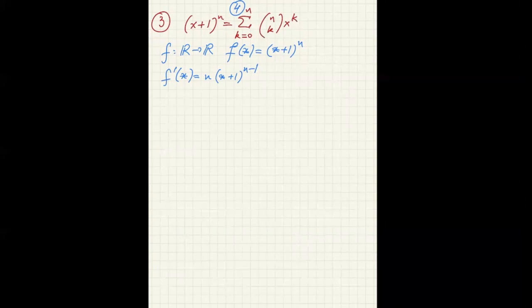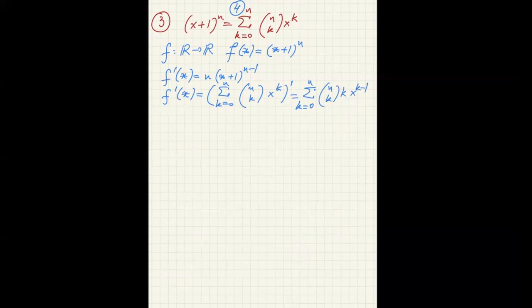But at the same time, you can take the derivative using the summation on the right. So that's going to be the derivative of the summation from k equals 0 to n of n choose k x to the k. And if you do the calculation, this is going to be the sum from k equals 0 to n of n choose k, k times x to the k minus 1.